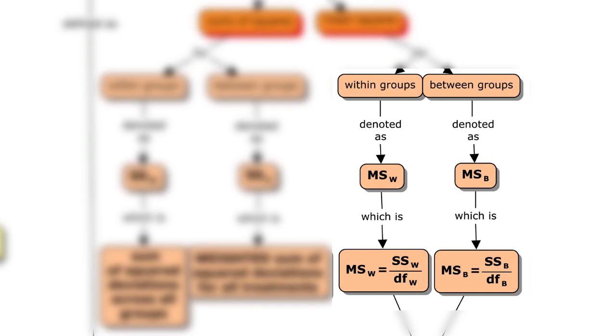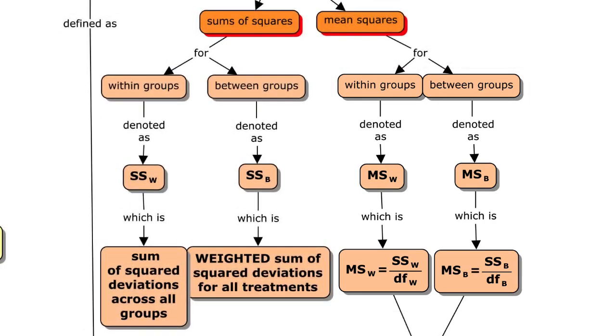So we have mean squares within and mean squares between, or MS sub W and MS sub B. In the case of the mean squares within, this is equal to the sum of squares within divided by the degrees of freedom within. And the mean squares between, or MS sub B, is calculated as sums of squares between, or SS sub B, divided by degrees of freedom between, or df sub B.